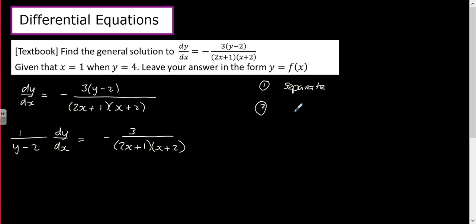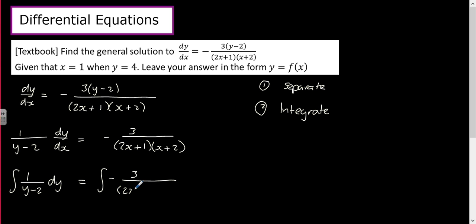Step 2, we're going to integrate. Okay, integrate both sides with respect to x. Now I'm going to skip out that line of working this time, and I'm just going to write 1 over y minus 2 dy is equal to the integral of minus 3 over 2x plus 1, x plus 2.